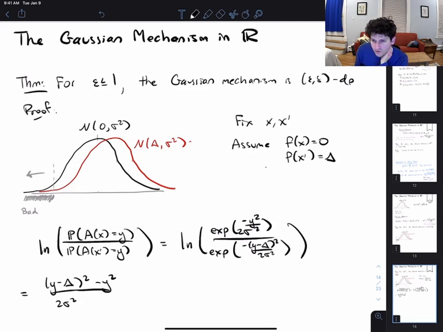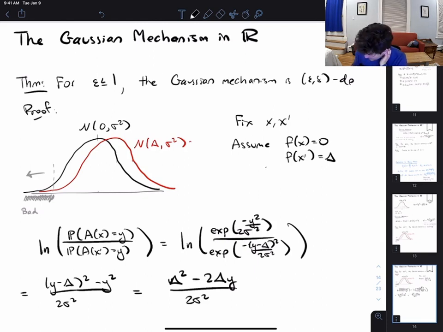If you don't follow this, take a moment to refresh your memory on logarithm rules. And now this is delta squared minus 2 delta y all over 2 sigma squared. That's by distributing out the y minus delta squared, and you'll notice that the y squared factors cancel out.